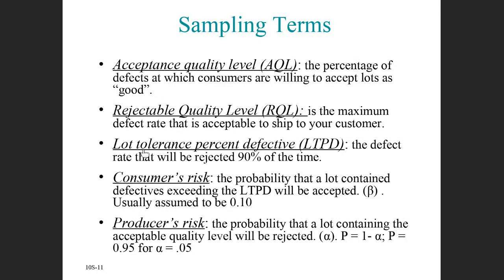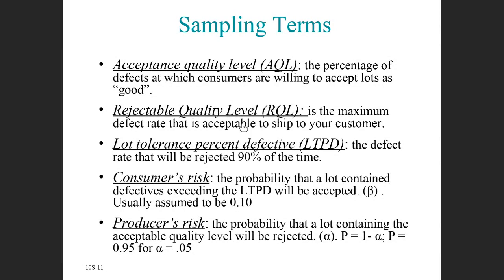The lot tolerance percent defective, or the LTPD, is derived from the RQL, and it is the defect rate that will be rejected 90% of the time. Generally, it is the percent of defects that the plan will reject 90% of the time. So if we say the percent is 5%, then 90% of the time you will reject that 5% defect rate.